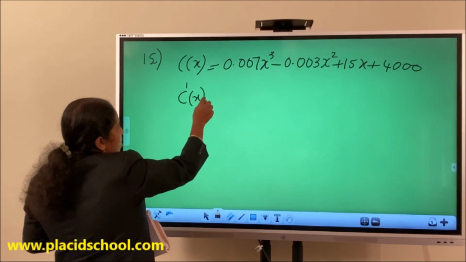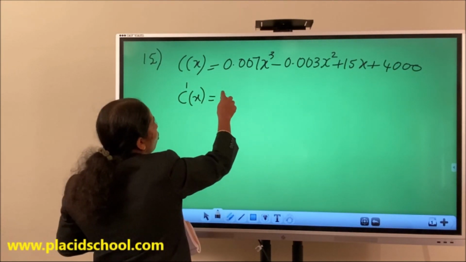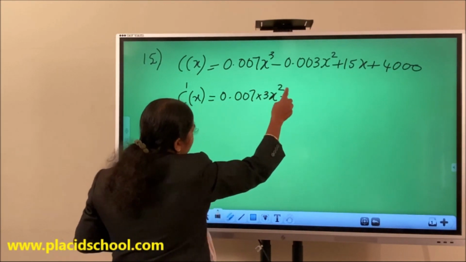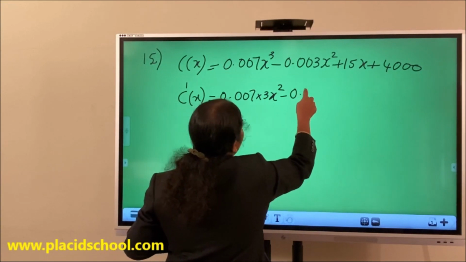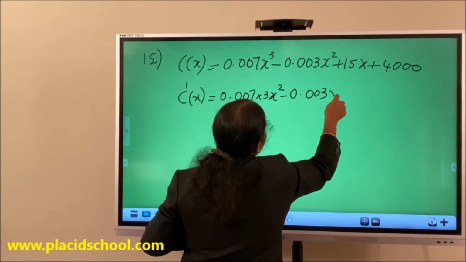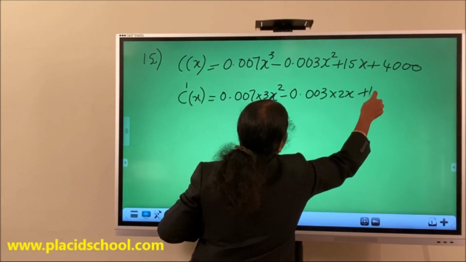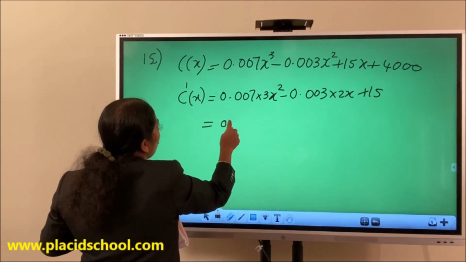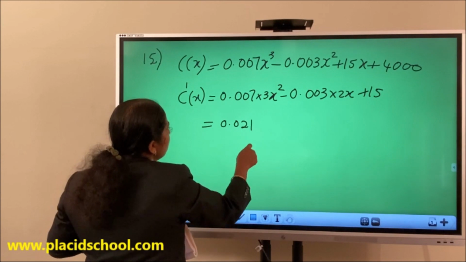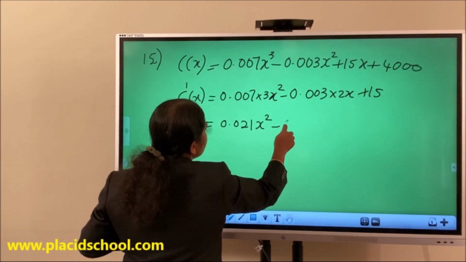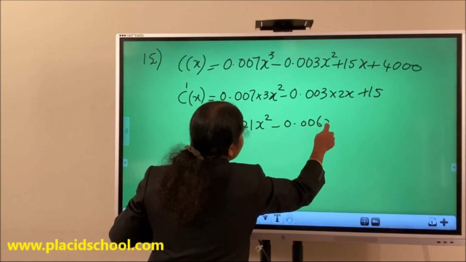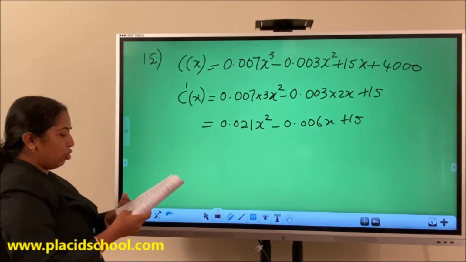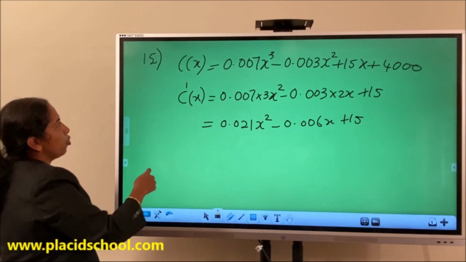So C dash x, finding the first derivative, is 0.007 into 3x square minus 0.003 into 2x plus 15. So this will be 0.021x square minus 0.006x plus 15.